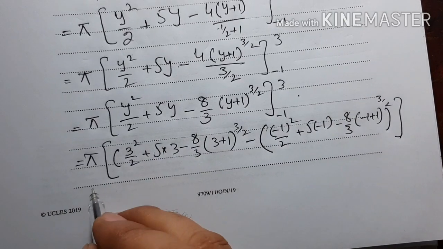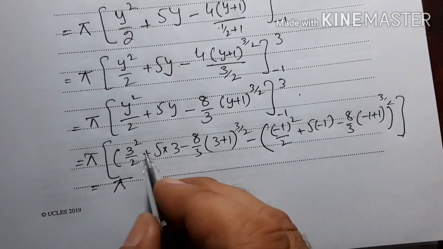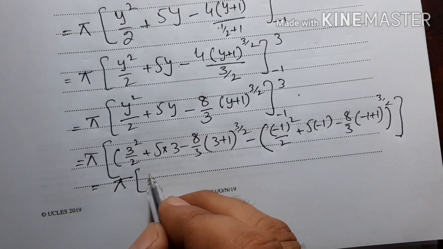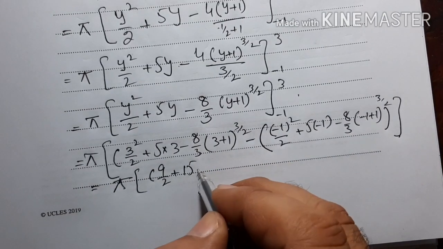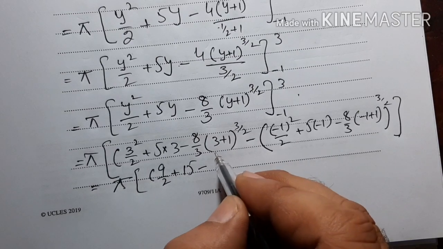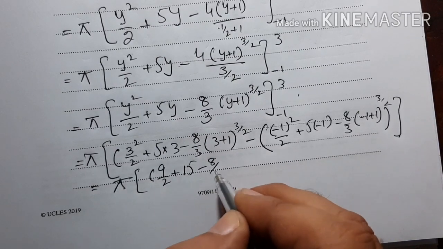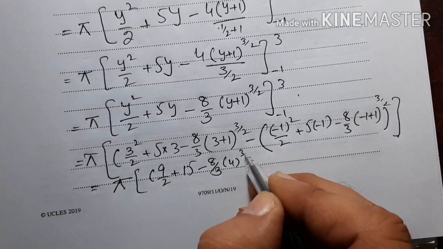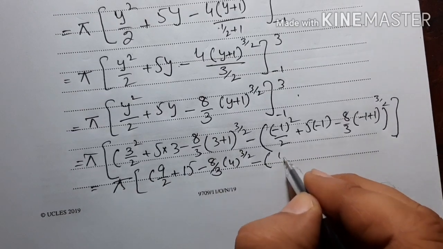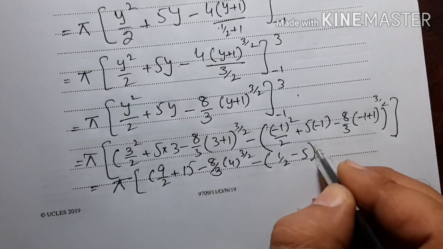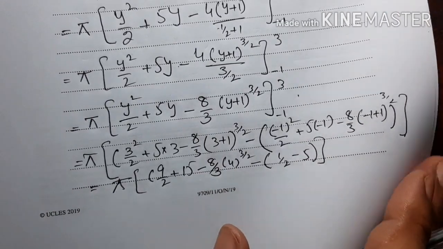So it can be written as 9/2 + 15 - (8/3) × 4^(3/2) - 1/2 - 5, because this will become 0.